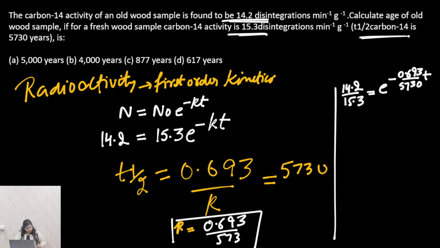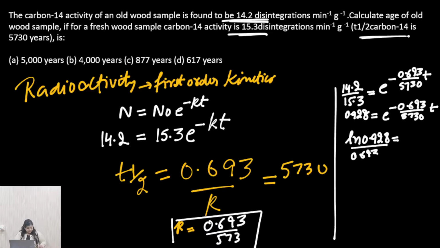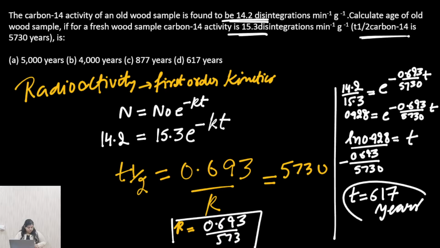This ratio comes out to be 0.928. So the natural log of 0.928 is equal to minus 0.693 upon 5730 times t. This will give you the time period as 617 years. So this is going to be your answer, which is given in option D. So D will be the correct answer.